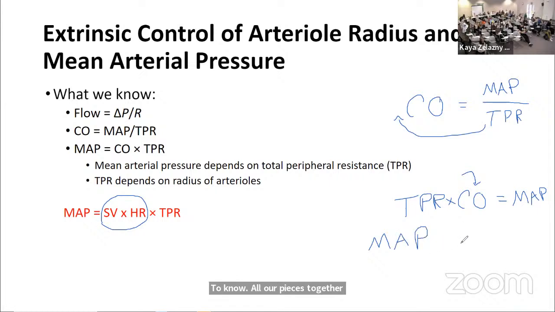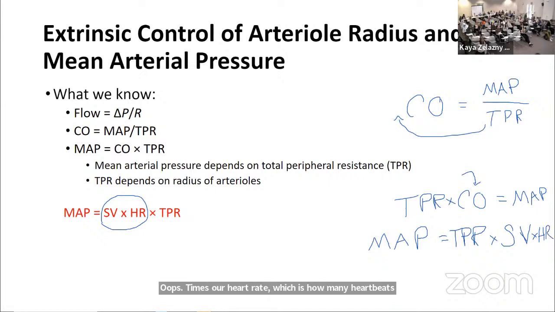Our mean arterial pressure is going to be, in the same order, our resistance, TPR, which has to do with the state of constriction out in our arterioles, times cardiac output, which is our stroke volume. So every time your heart beats, how hard is it contracting? How much blood is it pumping out for each heartbeat? Times our heart rate, which is how many heartbeats we have per minute.